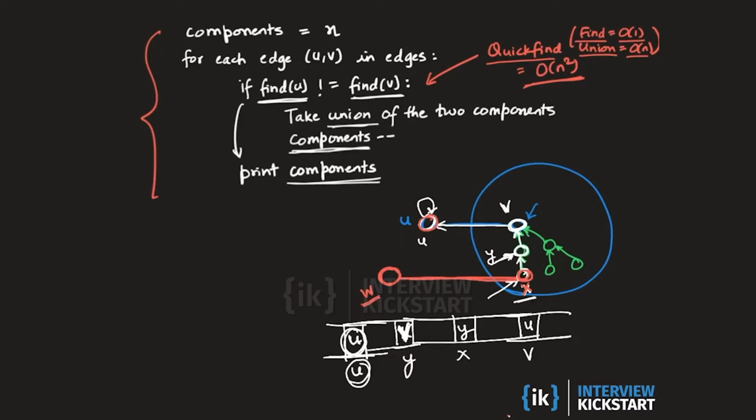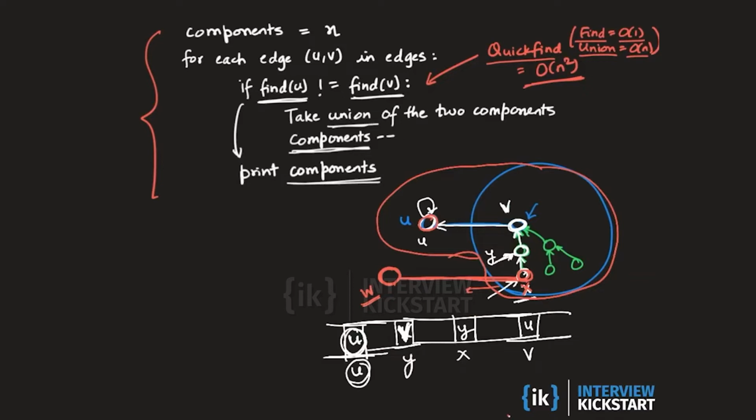Now we are not going to just change the component ID of x to point to w, because if we do that, we would still have to do the work required to change the IDs of all the other members in the component of x to this new religion of w. And in fact u itself is part of the component now, since we are assuming that the edge from u to v has already come.